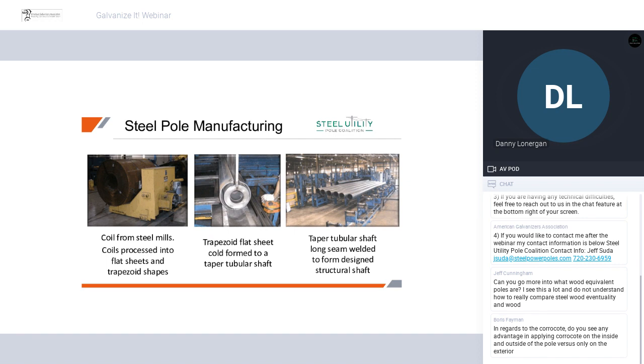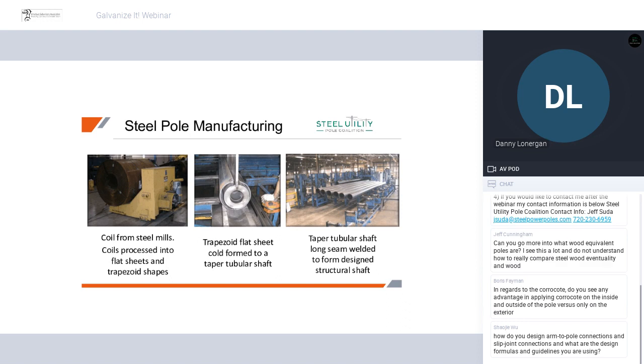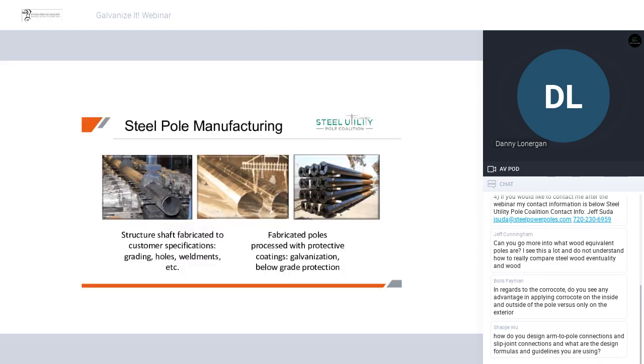Ultimately, you have shafts that are seam welded. From a seam perspective, there's lots of different methods of seaming a pole, lots of different ASTMs that control that. Many manufacturers ultimately have their own controls, their own QA/QC requirements. But effectively, you form a shaft, you form a seam. Once you've built your shaft, then it's fabricated again to the specification of the drawing.